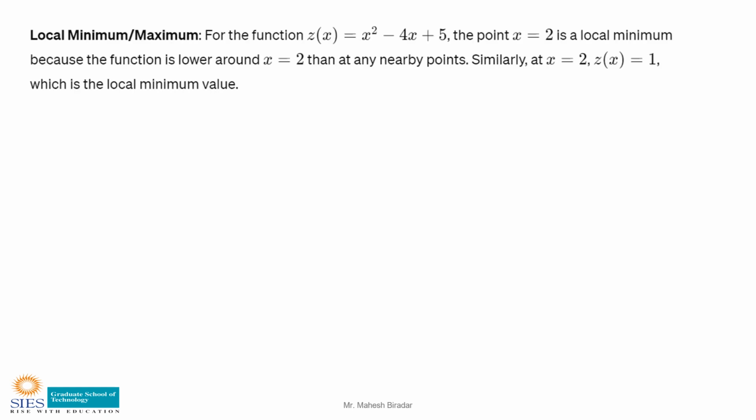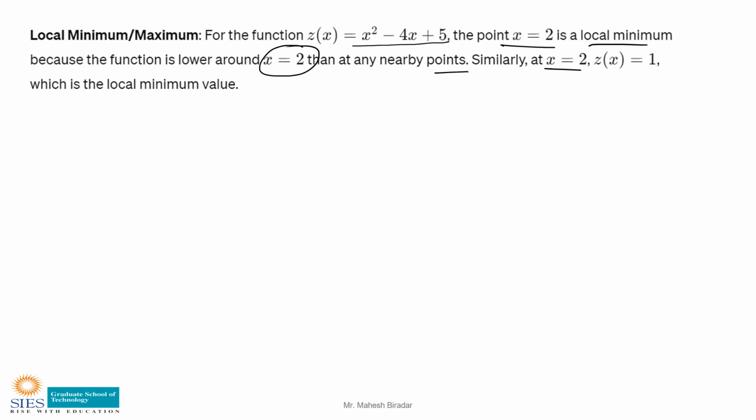Then we will learn about local minimum and maximum. For the function x square minus 4x plus 5, the point x is equal to 2 is a local minimum because the function is lower around x is equal to 2 and in any nearby point.